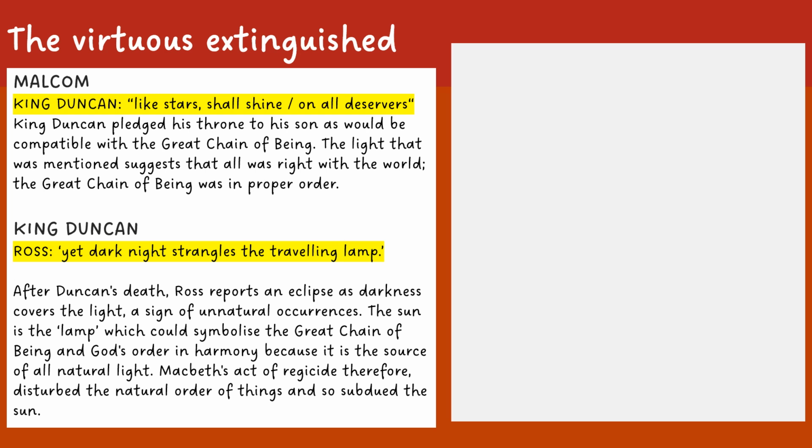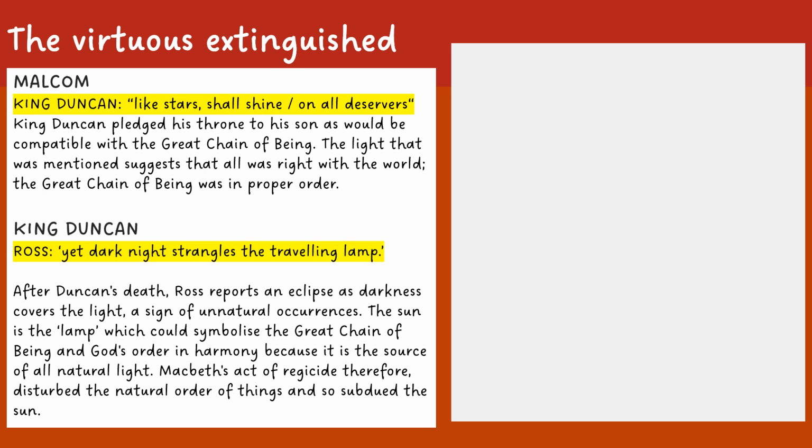Macbeth's act of regicide, therefore, has disturbed the natural order of things and therefore has completely eliminated any sort of light within Scotland. And finally, just to emphasise that this darkness is representative of the chaos and the evil that has resulted from the broken great chain of being.